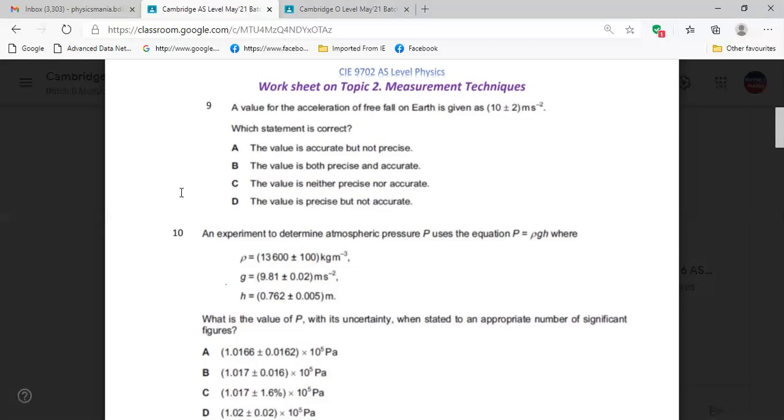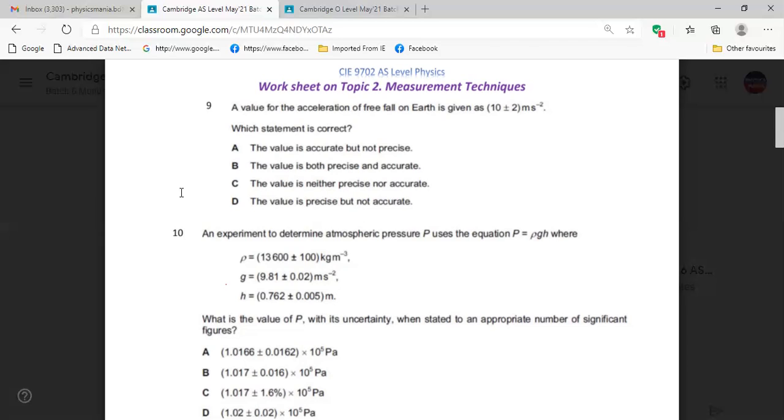Which one should be correct? It should be B, right, sir? It's just a guess, sir.